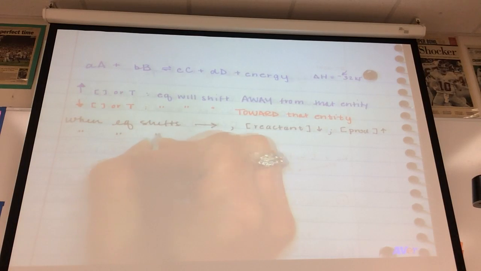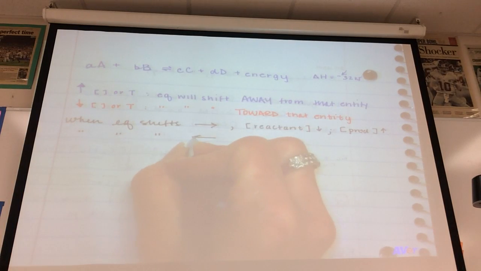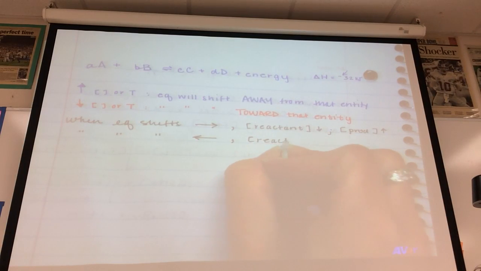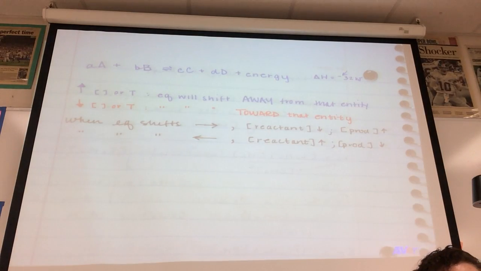When equilibrium shifts in the reverse direction, now reactant concentration increases and product concentration decreases as those products get consumed, acting as reactants.